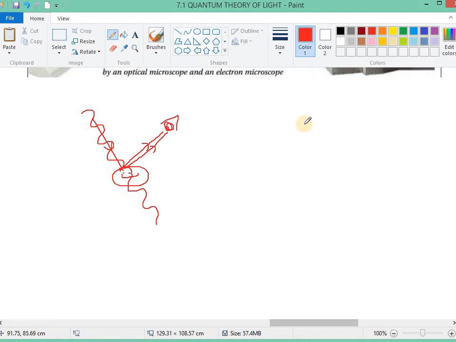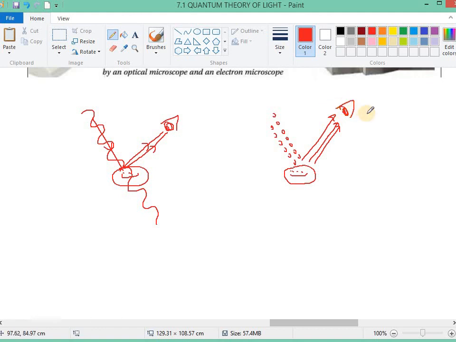Okay, but electron microscope can have a very big magnification because electron have a very small wavelength. So that means a lot of the electron can reflect from the red blood cell. Actually not into our eyes but into a detector.